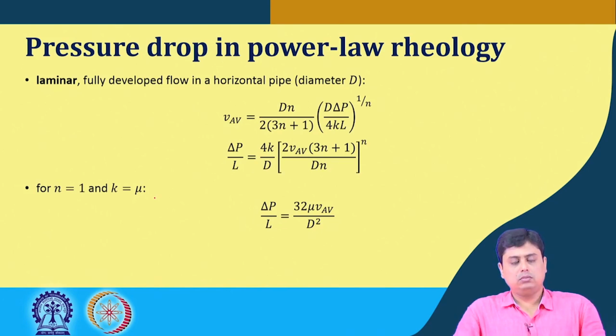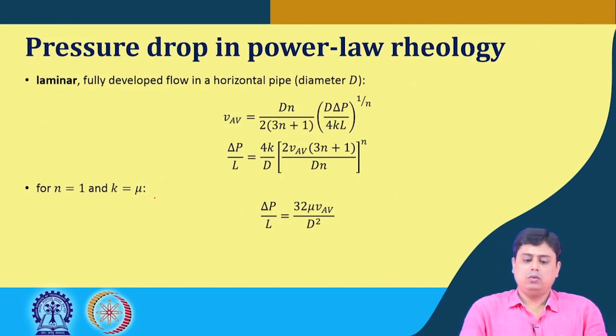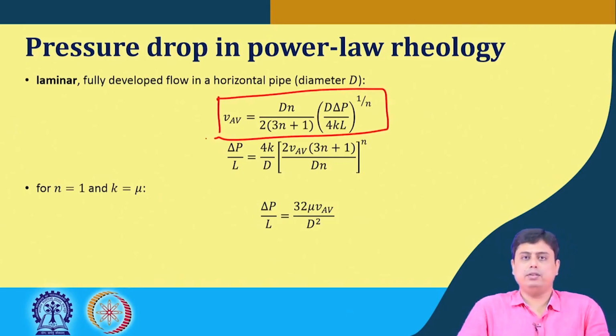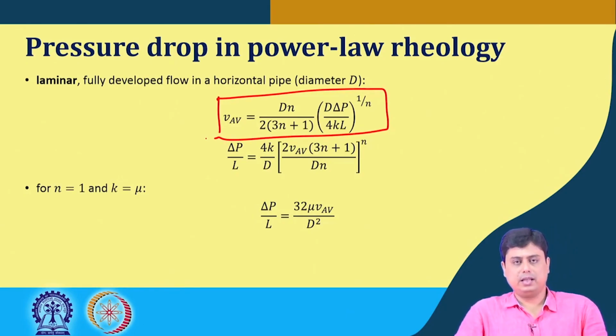So, if we do the momentum balance like we have done in fluid dynamics for a Newtonian fluid, in order to get a velocity profile, we see that for laminar fully developed flow in a horizontal pipe of diameter d, we can have this as the value of the average velocity of the slurry that exhibits power law behavior.